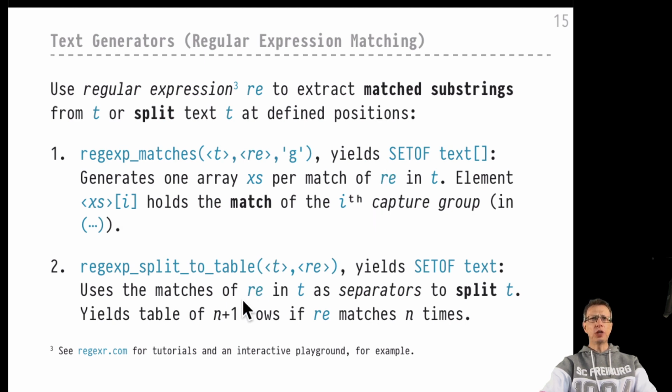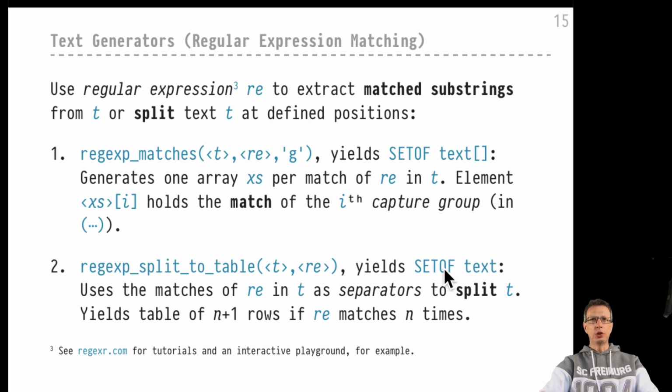Regex split to table is somewhat easier. We would use this regular expression as a separator regular expression to find its occurrences inside text T. Wherever this particular regular expression occurs, text T will be split up into separate pieces. All of these individual pieces are returned to us as individual rows that we can then iterate over.